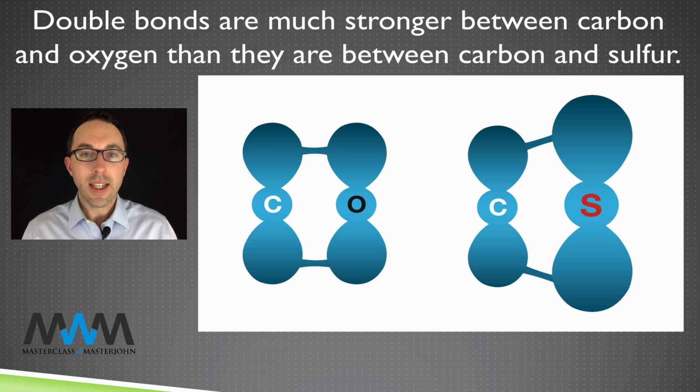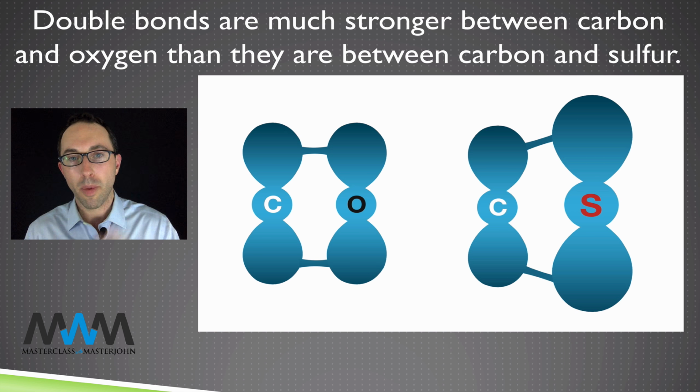And because these p orbitals are in the second shell for carbon and oxygen, they're called 2p orbitals. And the electrons of carbon's 2p orbital are going to be relatively similar in position to the electrons of oxygen's 2p orbital. And that's going to allow them to be relatively well aligned during the second bond of a double bond.